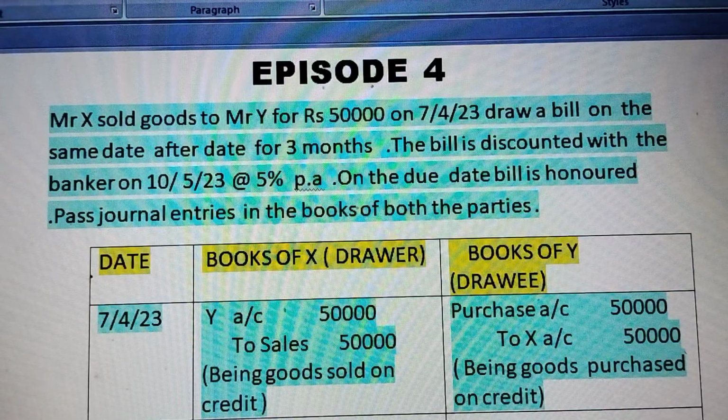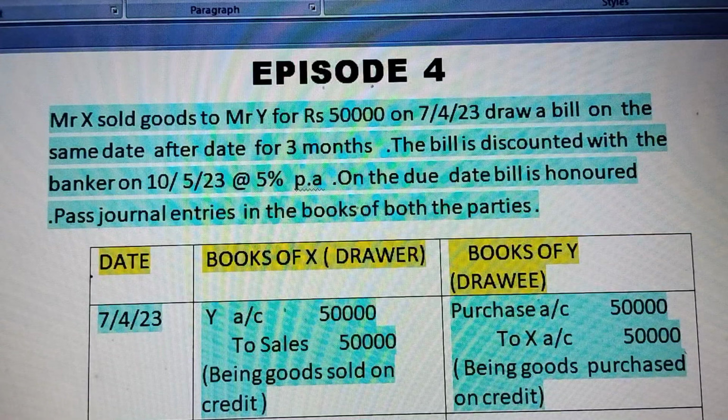First we have to make the entry for sales or purchase, then bill drawn and bill accepted, then we have to pass the entry for the discounted bill. So let's read the question.